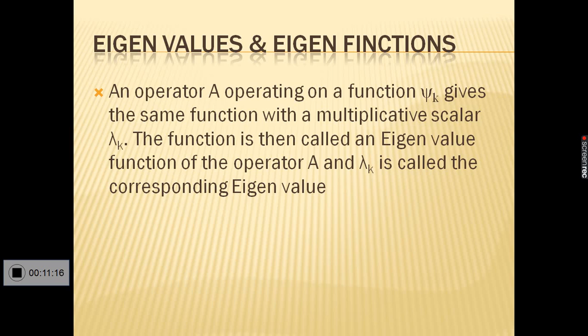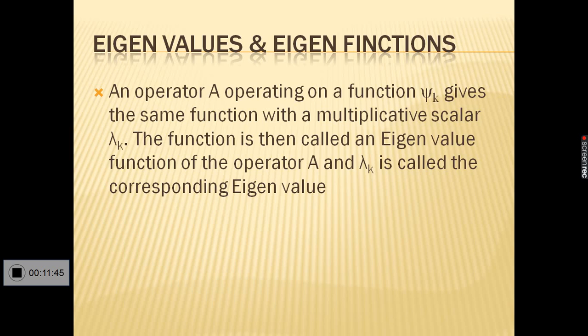So eigenvalues are the possible values of measurements of an operator for which the Schrodinger time independent equation can be solved exactly. This is an important concept in quantum mechanics.